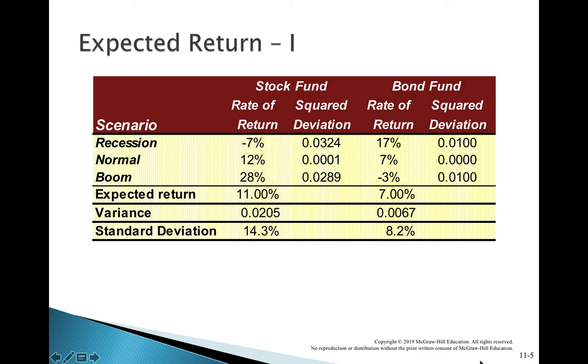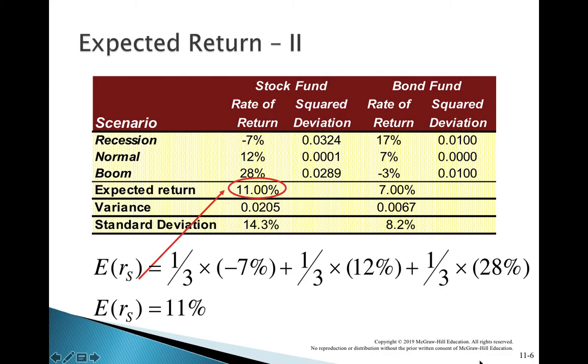The expected return for the stock fund, can you see here, is 11%. How did this 11% come? I told you the formula. Minus 7%, that is the rate of return, multiplied by the 1/3 probability, plus 12% multiplied by 1/3 probability, plus 28% multiplied by 1/3 is equal to 11%.